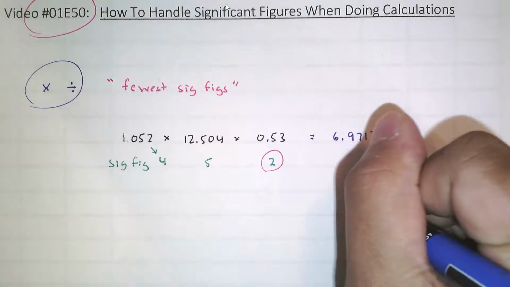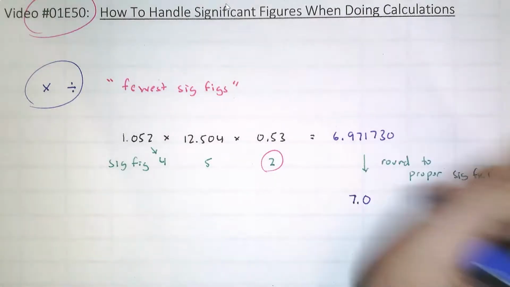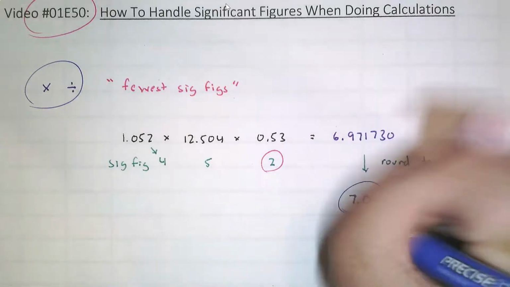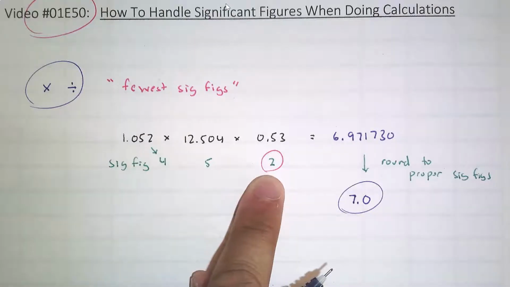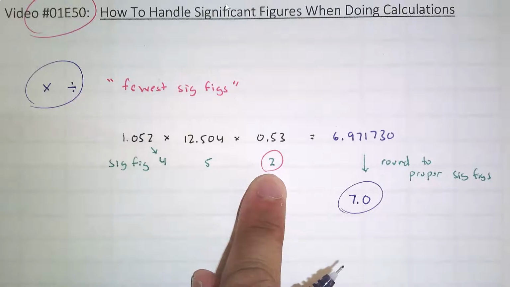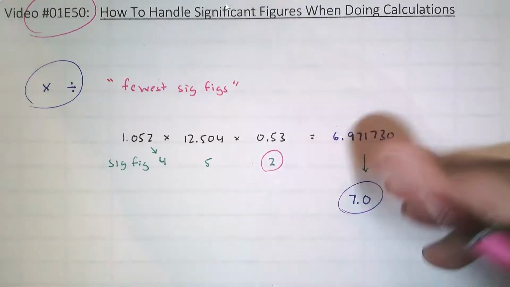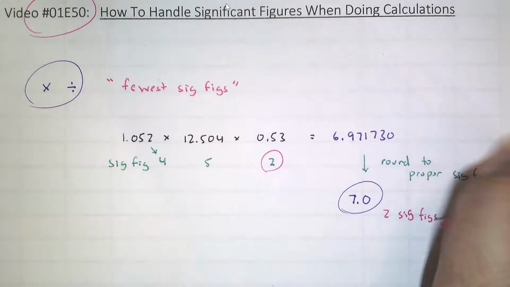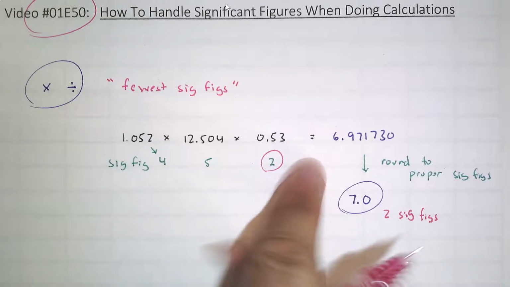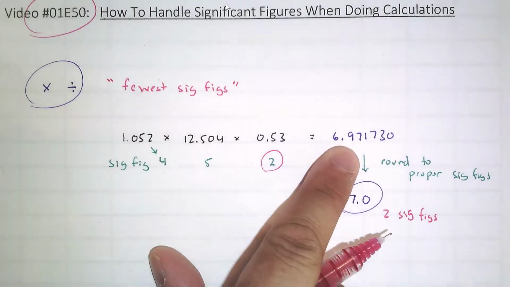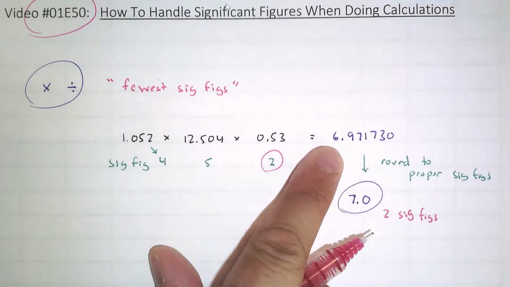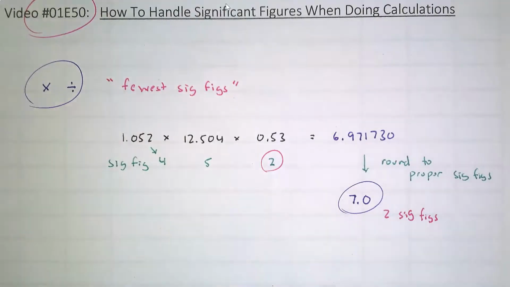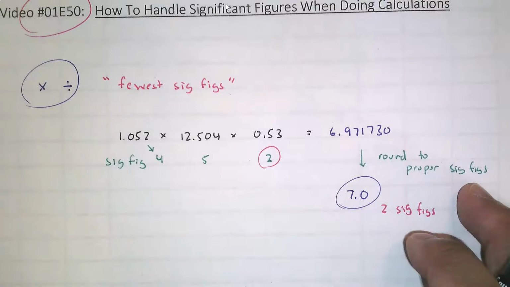The final answer is 7.0, 2 sig figs, matching the number of sig figs in the value that has the lowest number of sig figs. Okay, a little bit tricky because this digit changes as well because when we round this up, this gets rounded to 7. Easy enough. That's multiplication and division.